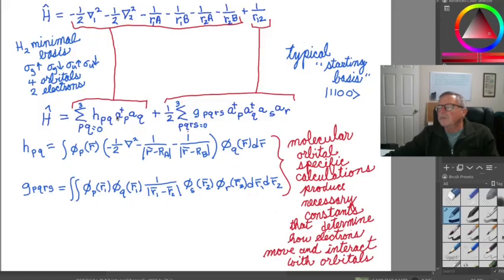Now that we've determined how these operators work with basis states, now we need to find out what are these things, this H and this G. Here's the bad news. This is what the H is, which combines all the information from up here, and this one, which combines all the information from up here.